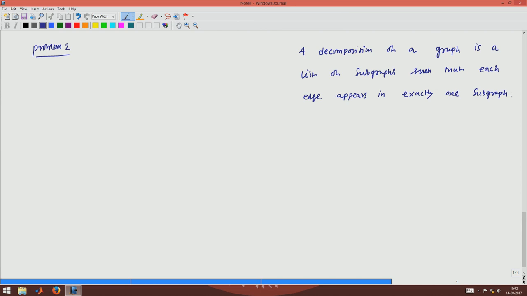Okay. So, it is a decomposition of the edges mostly.